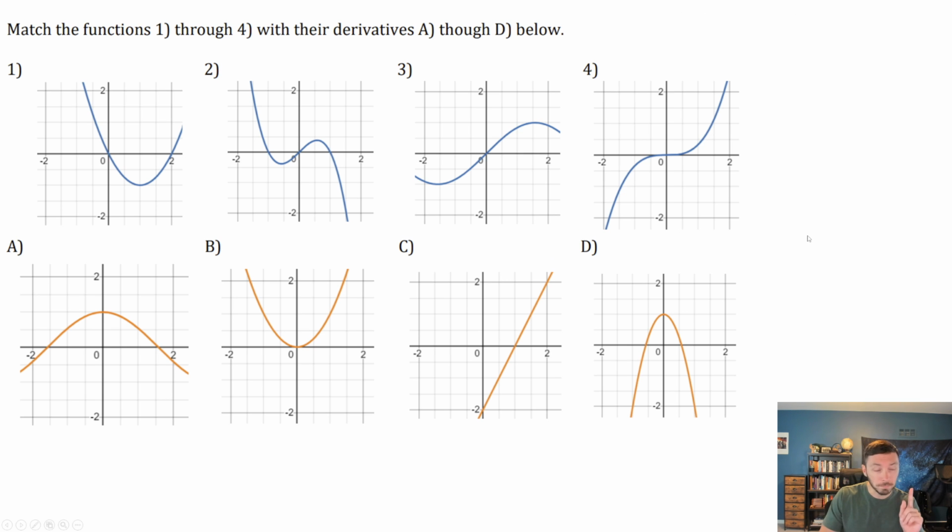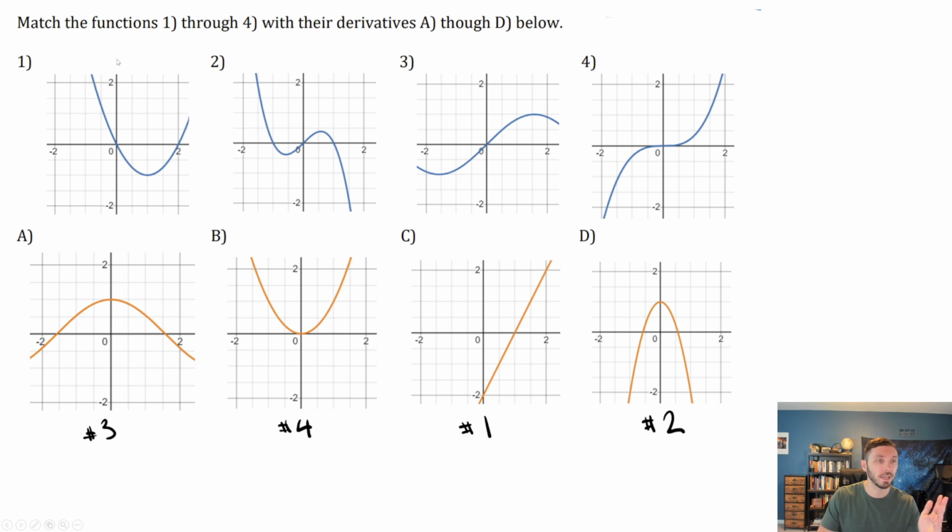3, 2, 1. Okay, so we can just start from the first graph. We see here that we have a negative slope all the way up to 1, and then we have a positive slope thereafter. So I would be looking for the choice that has a negative to positive output. Negative outputs when we're to the left of 1, positive outputs, positive slope in the graph when we're to the right of 1.